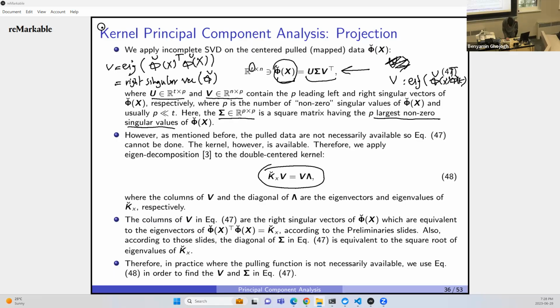What is Phi hat transpose Phi hat? This is exactly K hat. We just saw it in the previous slide.